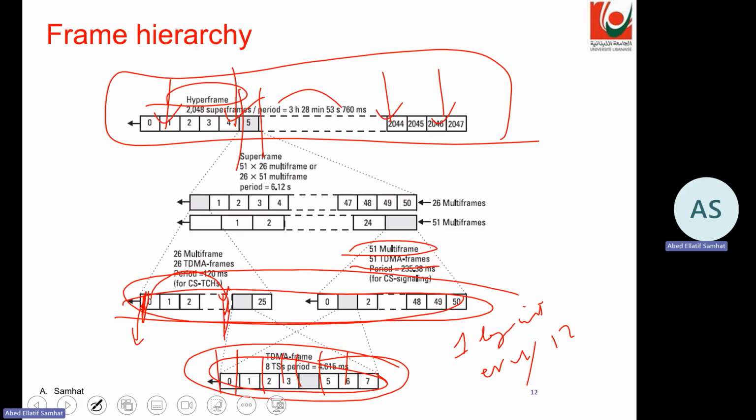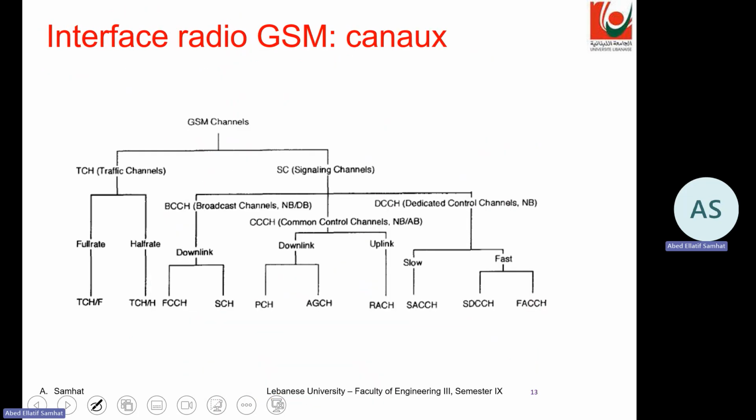I'm using this physical channel every 12 frames, which is one logical channel. And we are able to make this synchronization over a long period. So this is an important part of frame hierarchy.